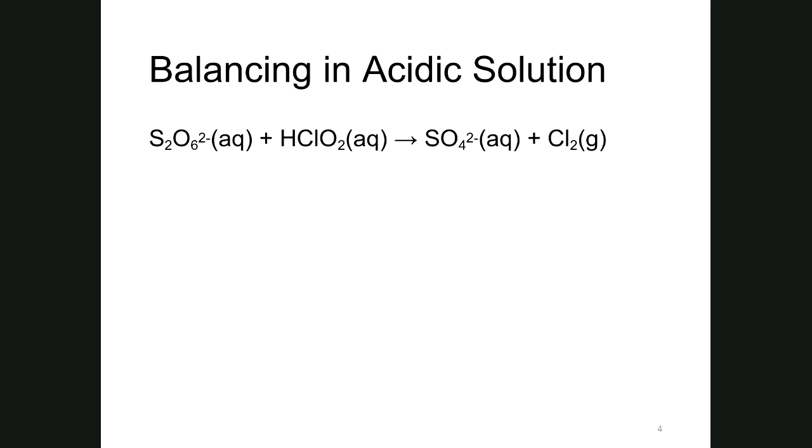And one way that you can determine this is we have an acid right here. This is chlorous acid. And so we're going to take a look at this reaction that's occurring in an acidic solution. And in order for us to do that, we know that we need to be balanced, because if we don't have a balanced chemical reaction, we can't really do any kind of math associated with it.